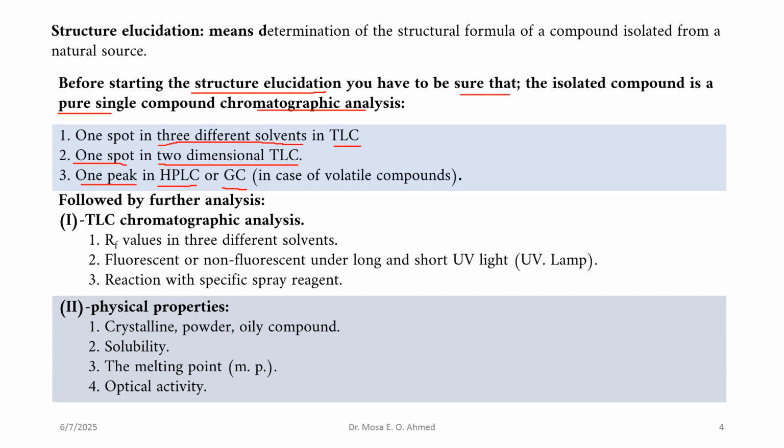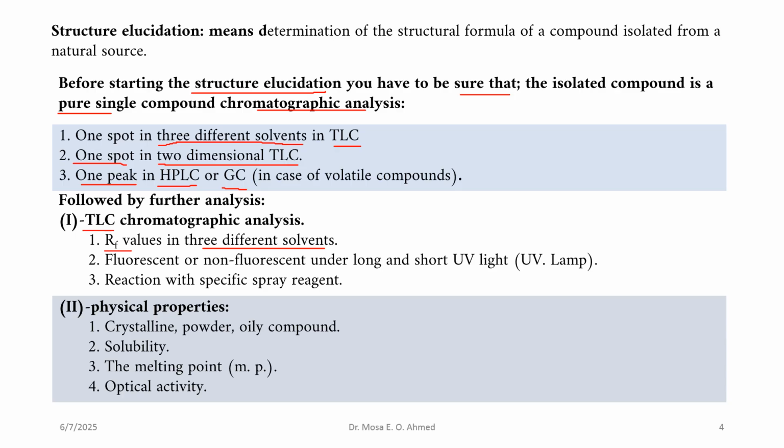Further confirmatory test can be achieved by using thin layer chromatography and by measuring Rf value in TLC in three different mobile phases. If we have the same Rf value in three mobile phases, that means the compound is pure.